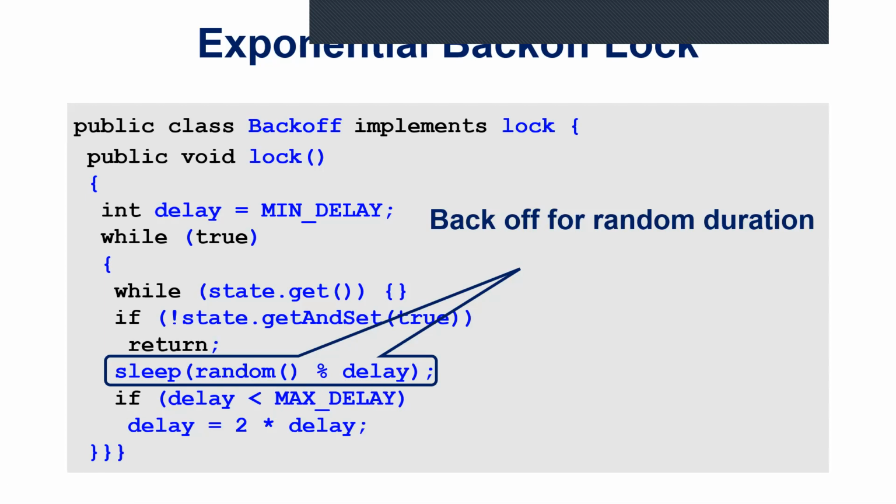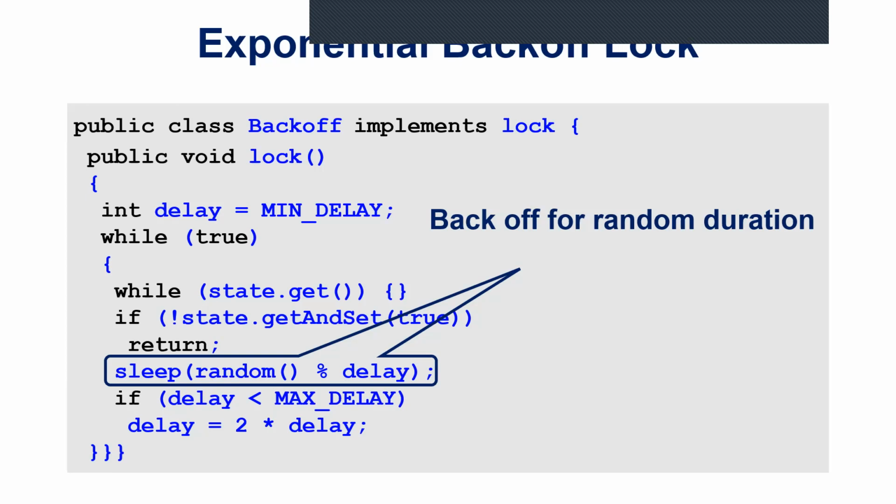Here, random is a function which generates a random number, and modulus delay returns the remainder of the division of the left operand by the right operand. Sleep is a function that causes the current thread to sleep for a specific period. Here the specific period is random.